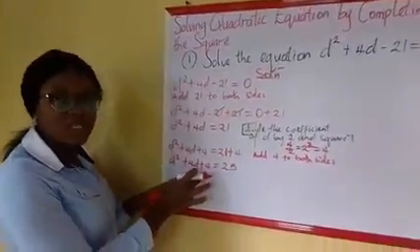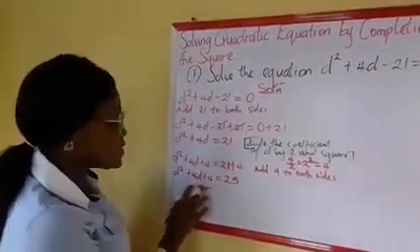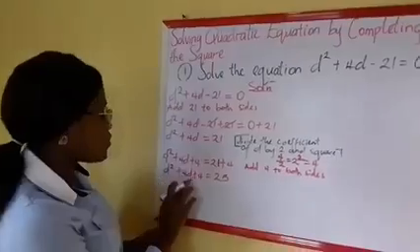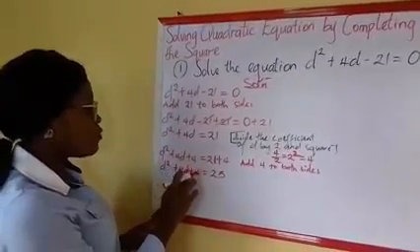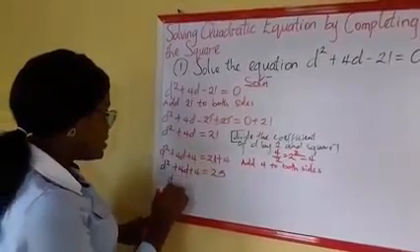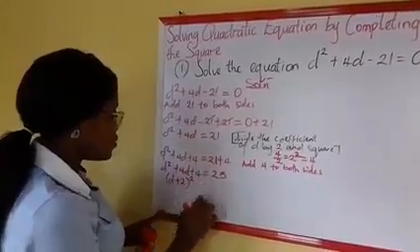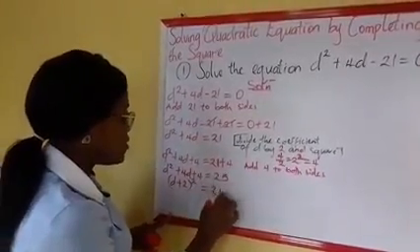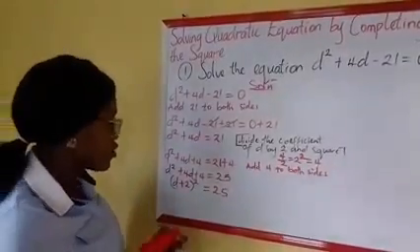Now, once you get to this point, the next thing you need to do is to factorize the side. Remember, we have d squared plus 4d plus 4. So when we factorize, we have d plus 2 raised to the power 2 equals 25. Check to be sure that the factorization is correct.